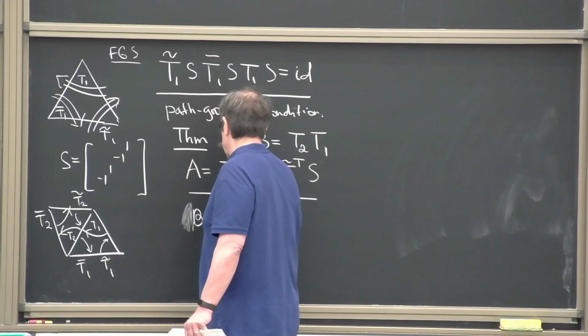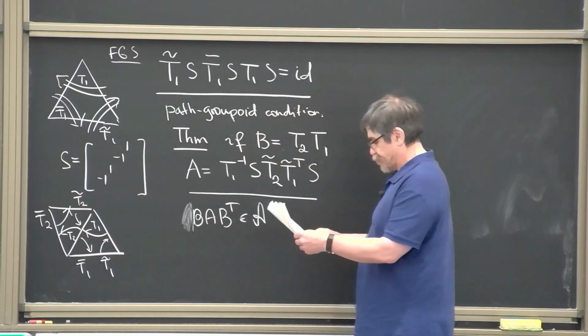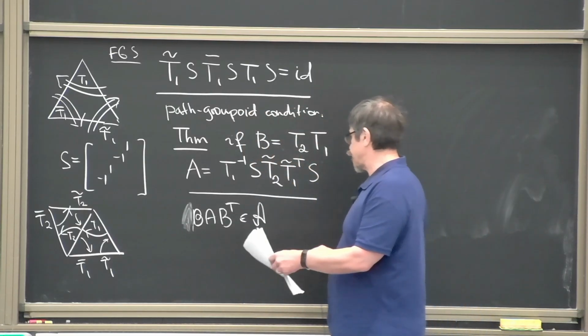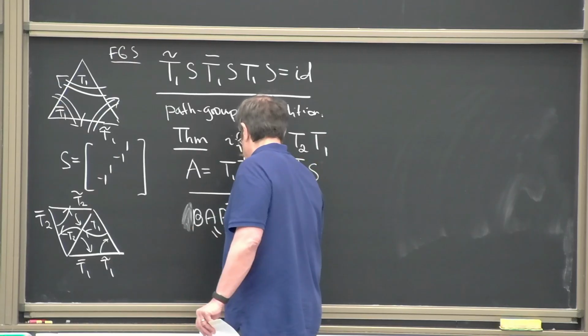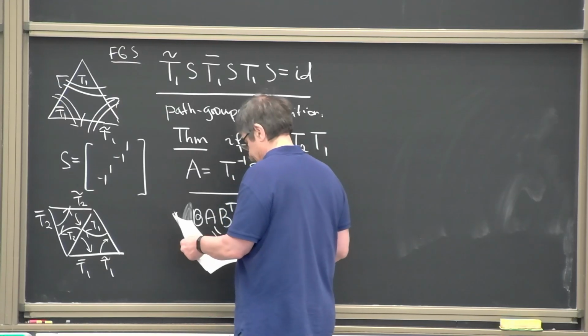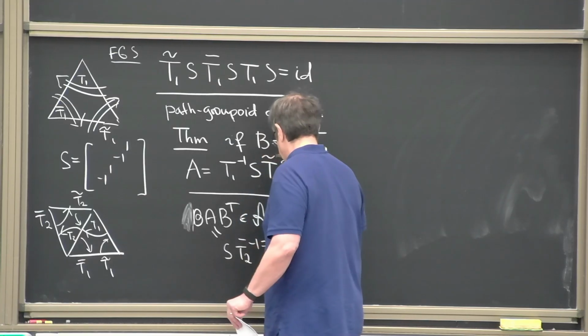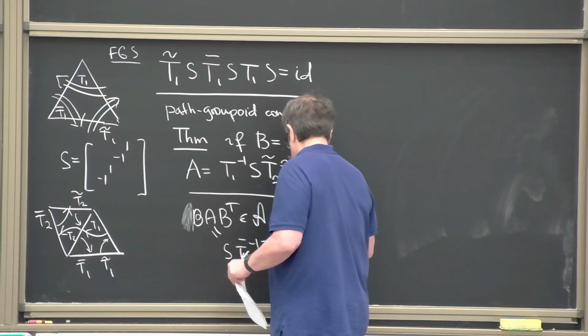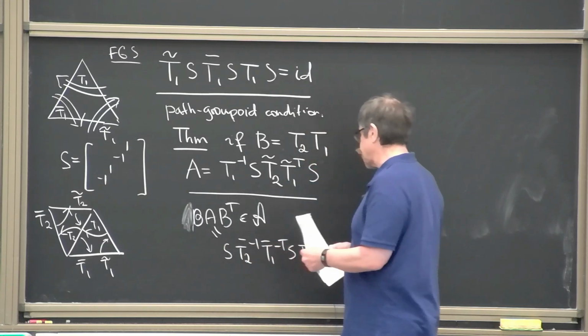B transpose is an upper triangular matrix, and it is given by, again, an explicit matrix product, T2 transposed.